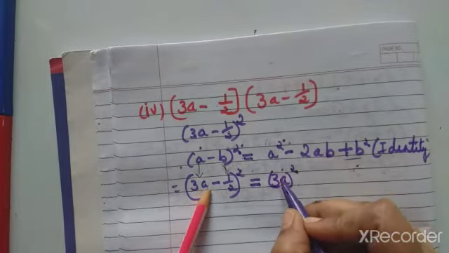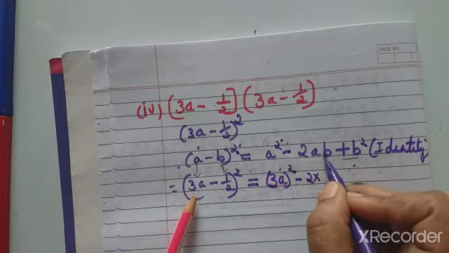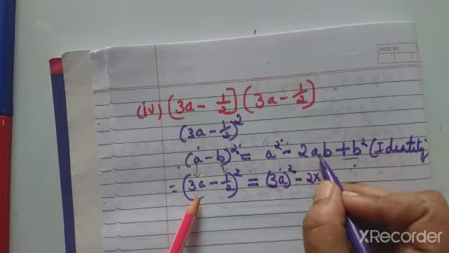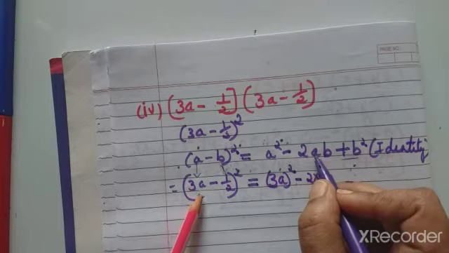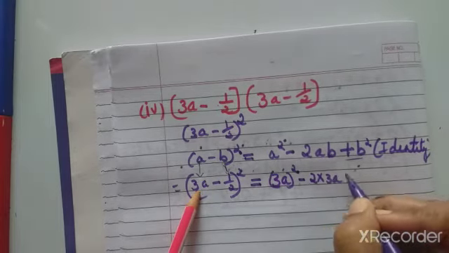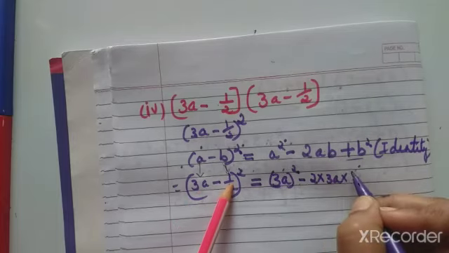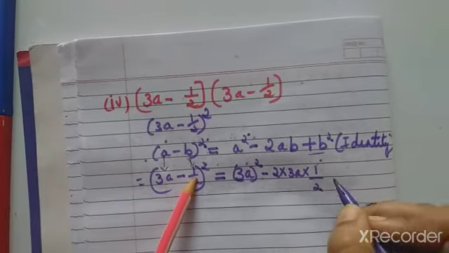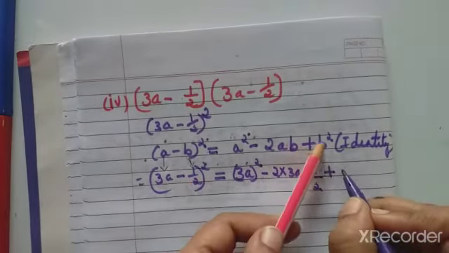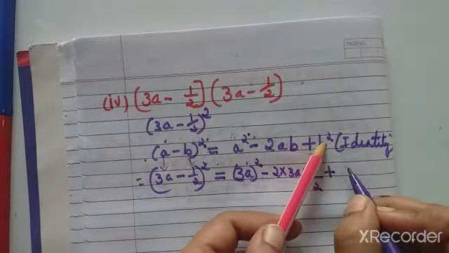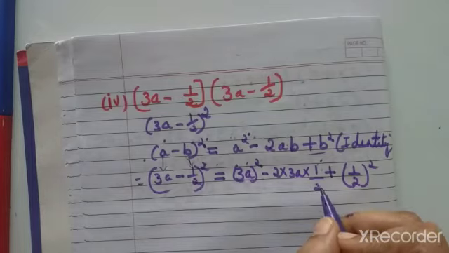Then a minus symbol. Next 2 into a into b, no symbol. So 2 into a means 3a, into b, b means 1 by 2. Plus symbol here. What is b square? b value is 1 by 2 whole square.